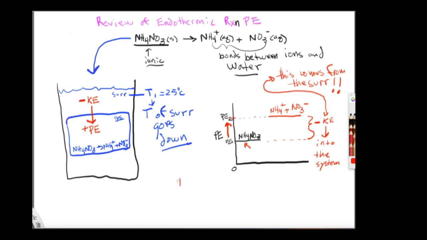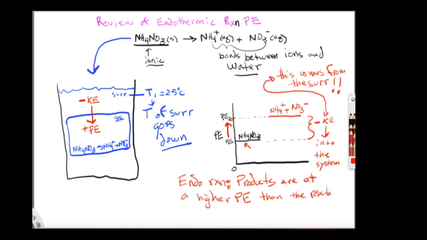So for an endothermic reaction, the products are at a higher potential energy than the reactants. Exclamation point, exclamation point. In fact, let's put a third one in here. All right, and with that concludes the quick review.